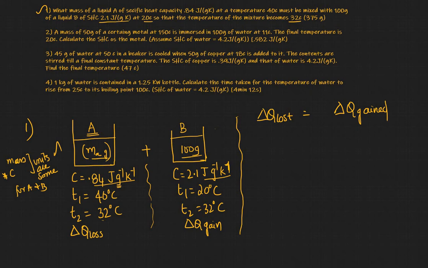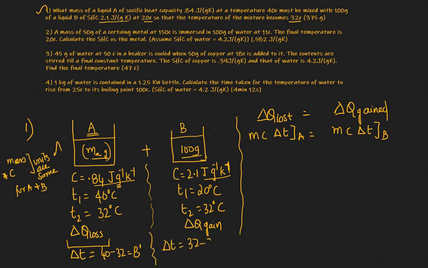And lost here is only one thing, that's A. So this is MC delta T of A equals MC delta T of B. It may make sense to write your delta T also. Delta T for A is 40 minus 32, 8 degrees. And here delta T is 32 minus 20, that is 12 degrees Celsius.